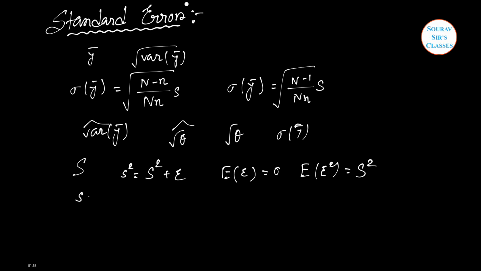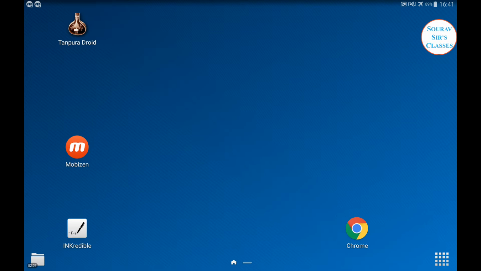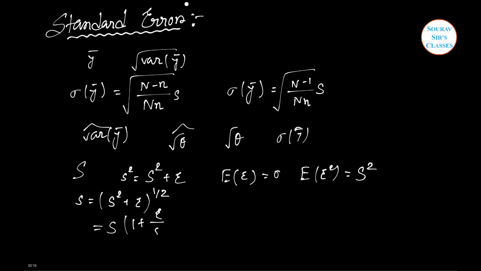Now we can write small s equals (capital S square plus xi) whole to the power half, that equals capital S (1 plus xi by S square) to the power half, that equals S (1 plus xi by 2S square minus xi square by 8 S to the power 4 and so on).